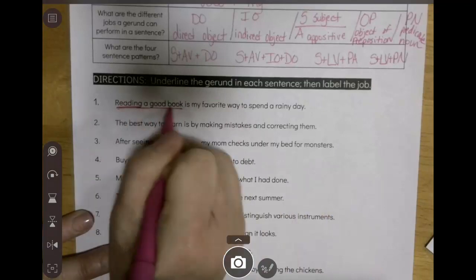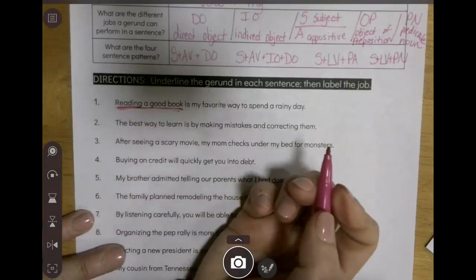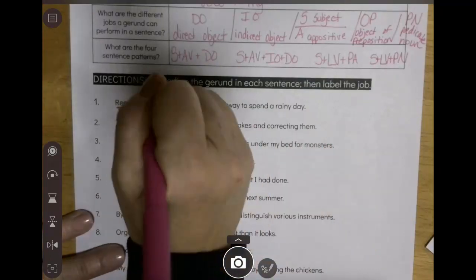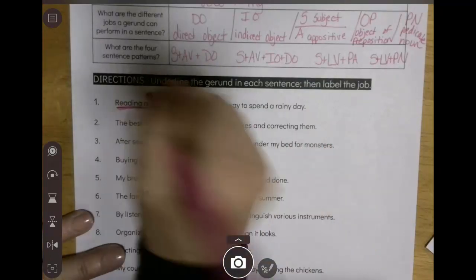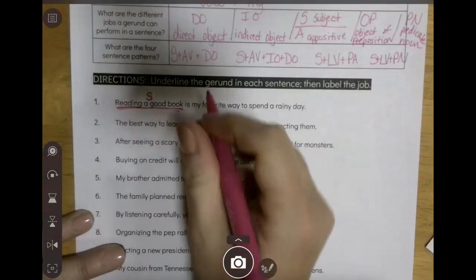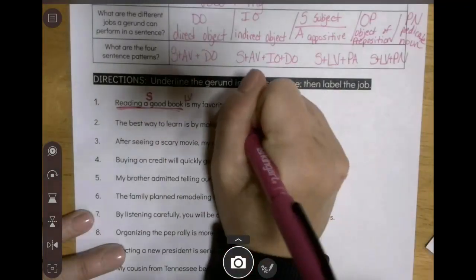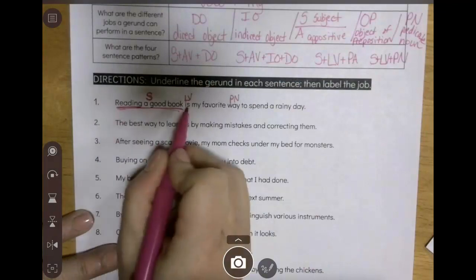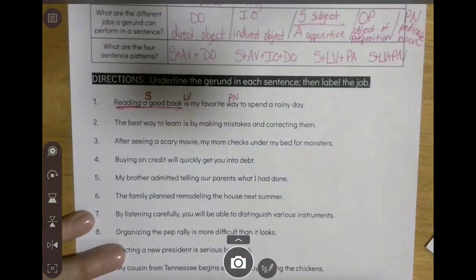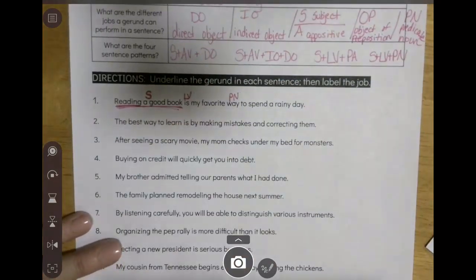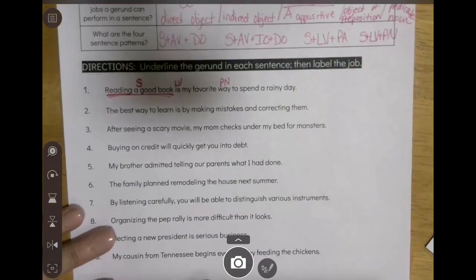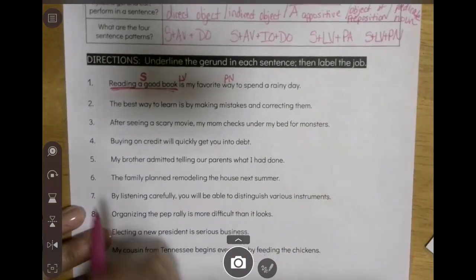Reading the good book is my favorite way to spend a rainy day. And so here I can tell that it's being used as the subject of the sentence. What is my favorite way? Reading a good book is my favorite way. So that's a subject.